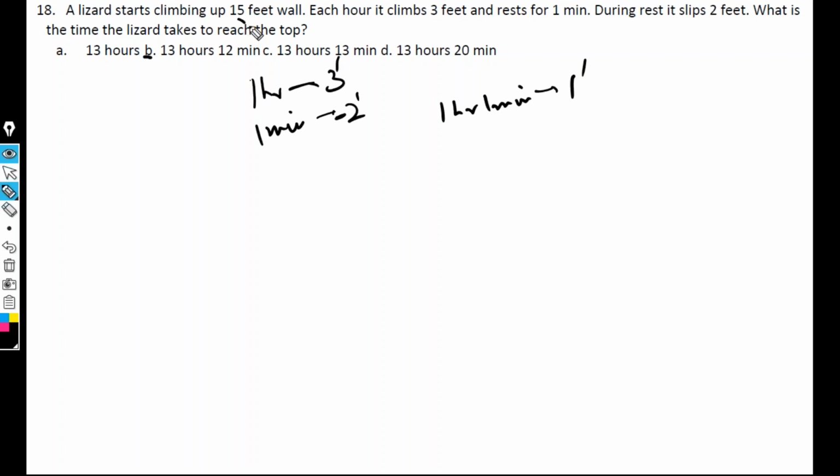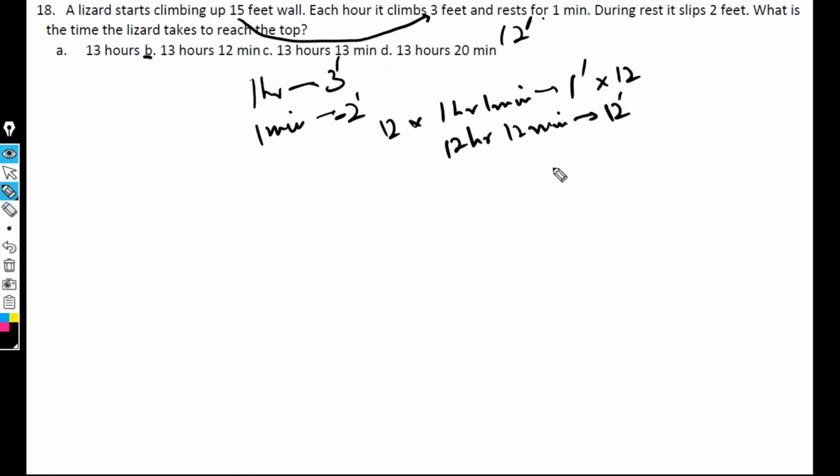The catch is again the same: subtract 3 out of 15, so leftover is 12 feet. 12 divided by 1 is 12, multiplying both sides by 12. It gives us that in 12 hours, 12 minutes, the lizard has climbed a total of 12 feet. So leftover is 3 feet, which will be done in another 1 hour. So the time taken is 13 hours, 12 minutes.